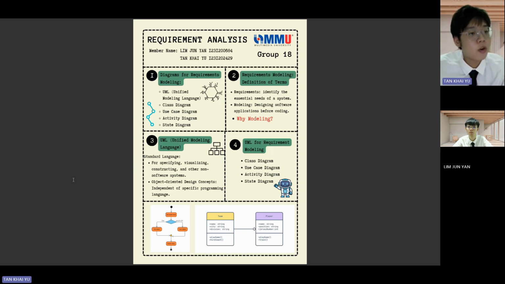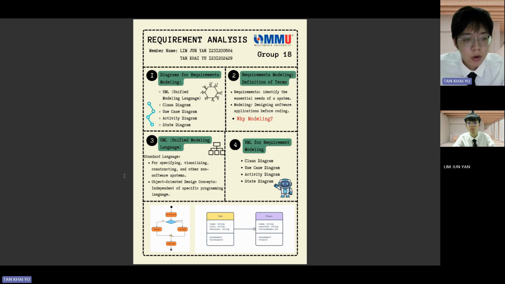For our conclusion, therefore, it is clear that we can use these diagrams for checking the requirement model for a given system. Their flexibility in expressing and describing the requirements for the system and defining how the system is going to be developed allows for tracking a developed system.